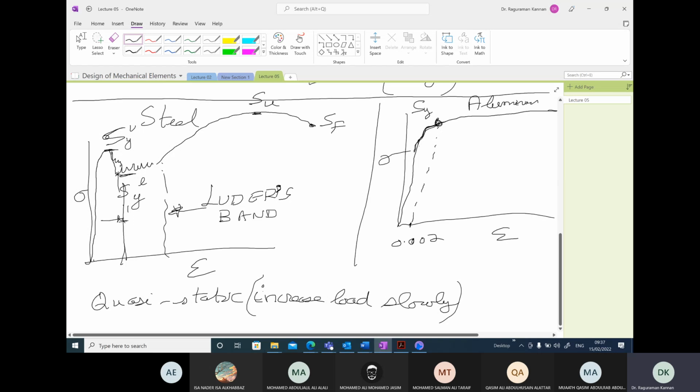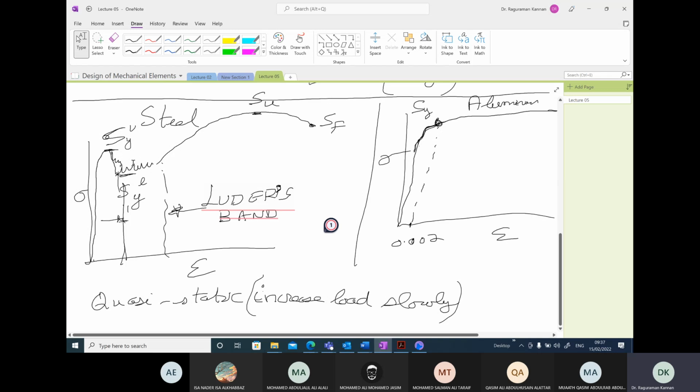You might have heard of this. Here, in this particular region, plastic deformation does not take place uniformly along the length and the cross section. Rather, it takes place at specific locations locally.